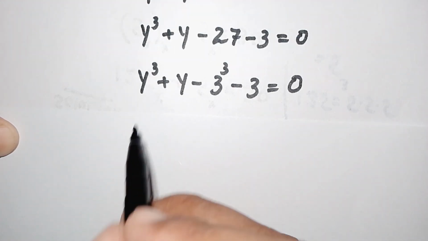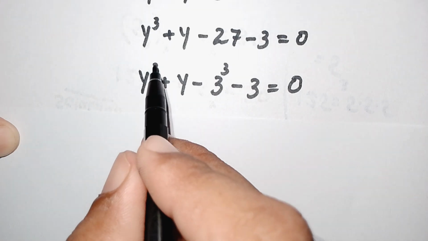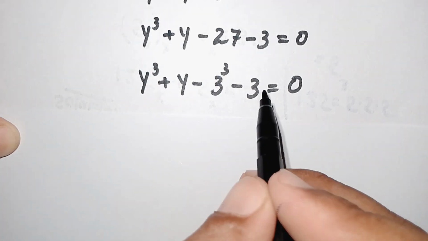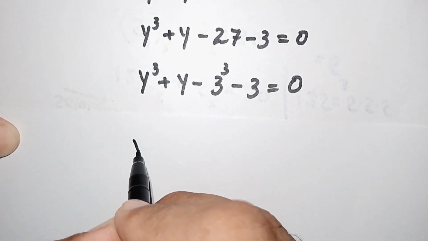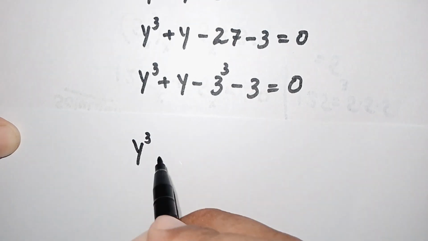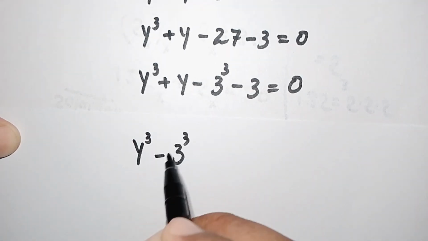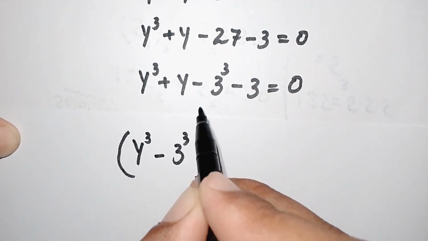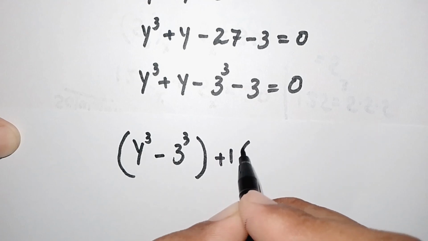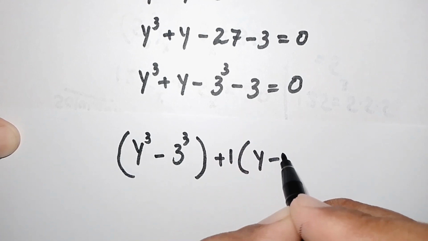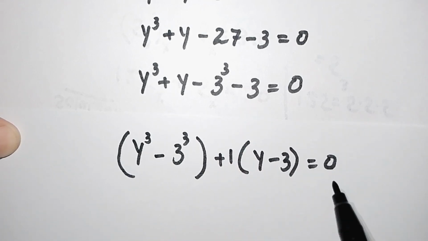Now in the next step, we have to combine the y to the power of 3 with this 3 to the power of 3, and y with 3. So this will become y to the power of 3 minus 3 to the power of 3, and here plus 1 times y minus 3, which is equal to 0.